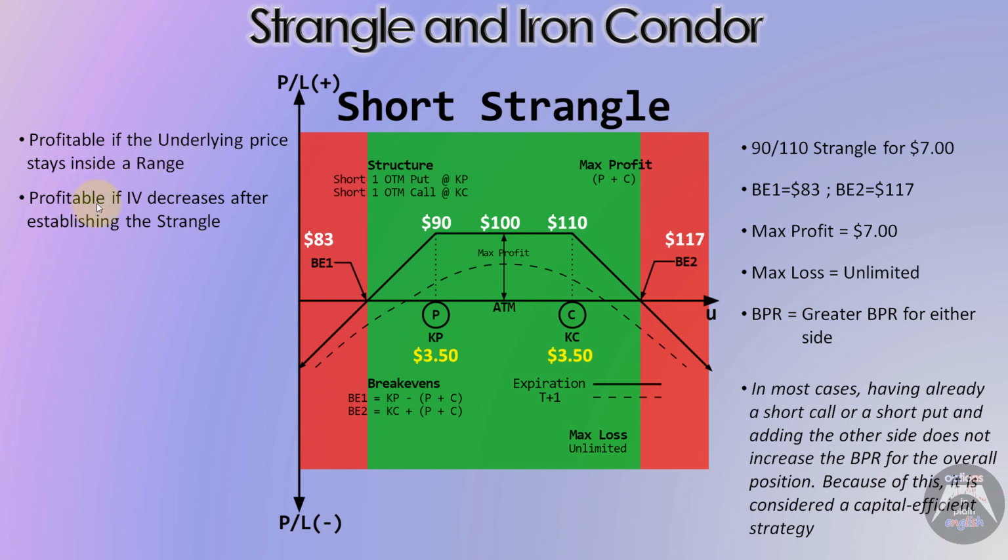This position is going to be profitable if the implied volatility decreases after establishing the strangle. So if you put it on and it has an implied volatility of 25%, and that implied volatility goes down to 20%, for example, you're going to make money because of that.